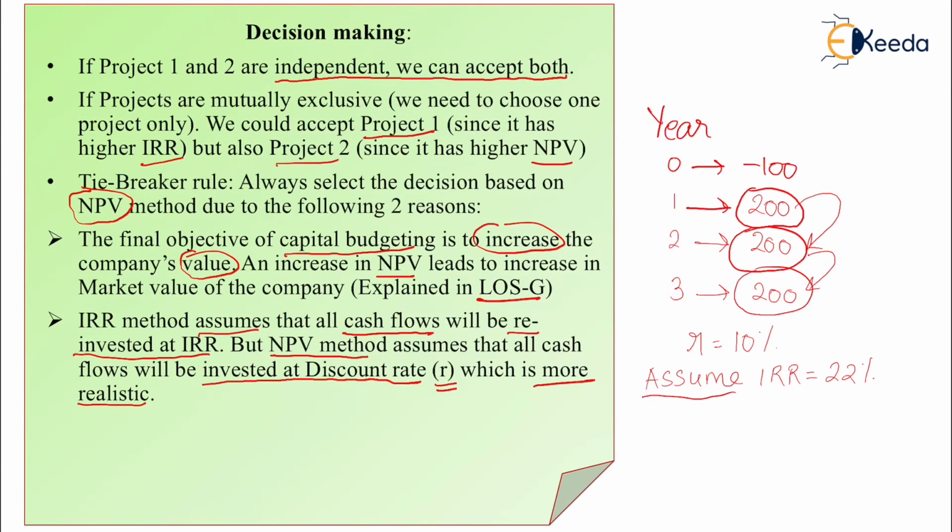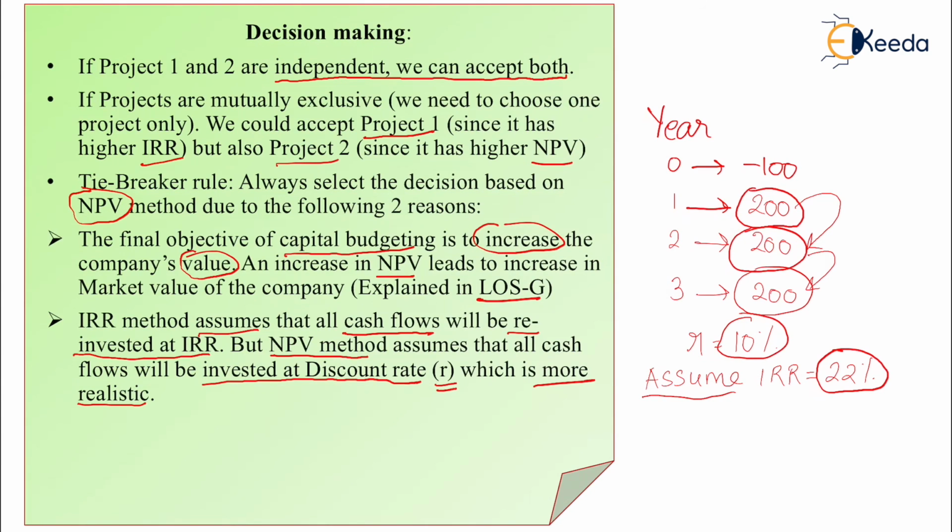So whenever you reinvest your profits, the IRR method says that you are reinvesting at 22%, meaning you are reinvesting and getting 22% out of it. But the NPV method says that whenever you reinvest your amount, you are reinvesting at 10% only. In the first case, the IRR method says whenever I get $200, I will reinvest that $200 at a rate of 22%, which is not real. I am reinvesting my $200 at 10%.